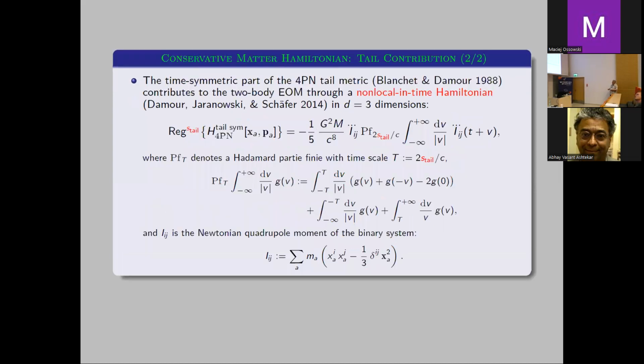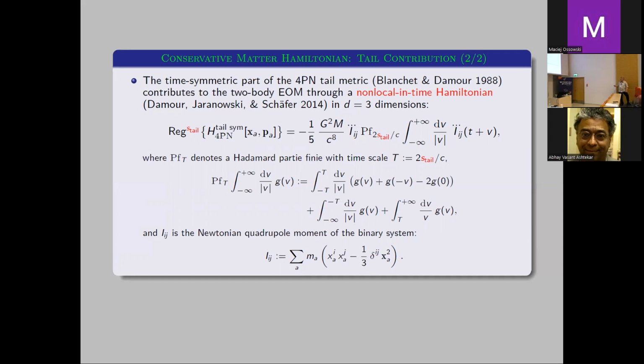So we had at our disposal some metric, and it was not very difficult to translate the contribution to the equations of motion due to this metric into the extra Hamiltonian. This is just to put this contribution in the Hamiltonian language. And the Hamiltonian looks as follows.